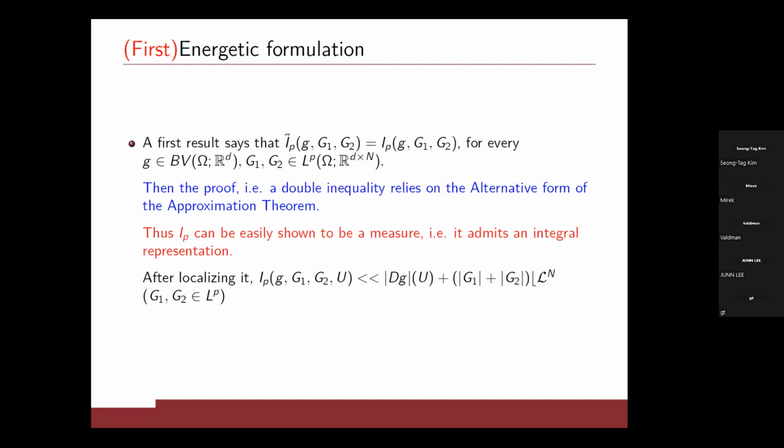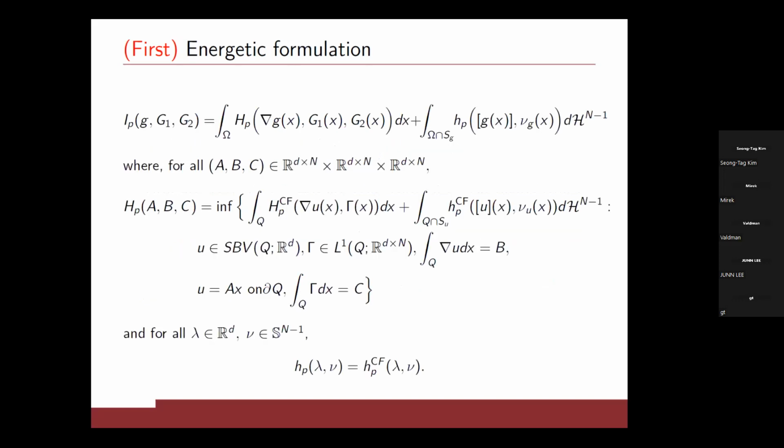You can represent it with respect to the most relevant measures, which are again the BV measure associated with your deformation gradient g, and then the L^1 and L^p measures G1 and G2. Good. So then the representation formula comes, and it is the following.